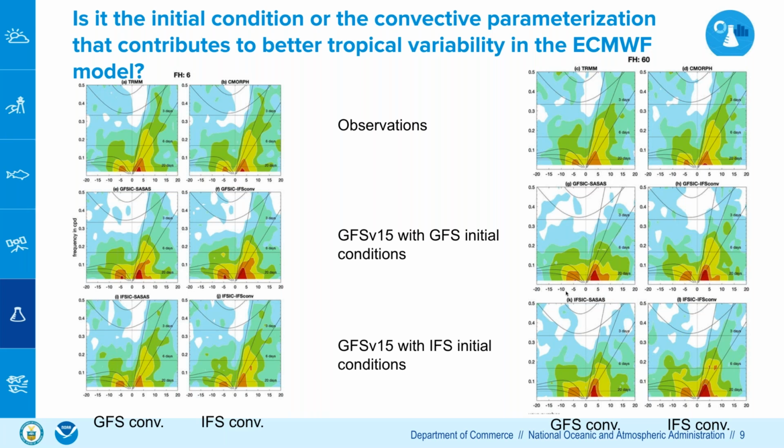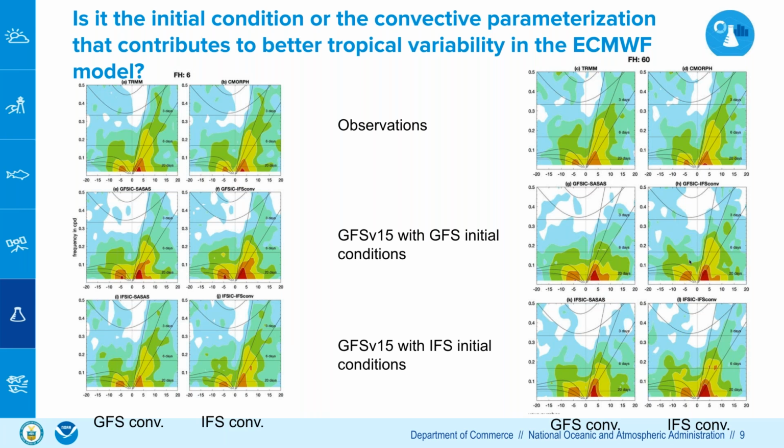It's not trivial to detangle the reason why the IFS initial condition is better for this particular analysis. It could be that they have a better data assimilation algorithm, they use more or better observations, or they have a longer window, or it's also the background forecast, the first guess forecast, which is of course highly influenced by the physics that you use.